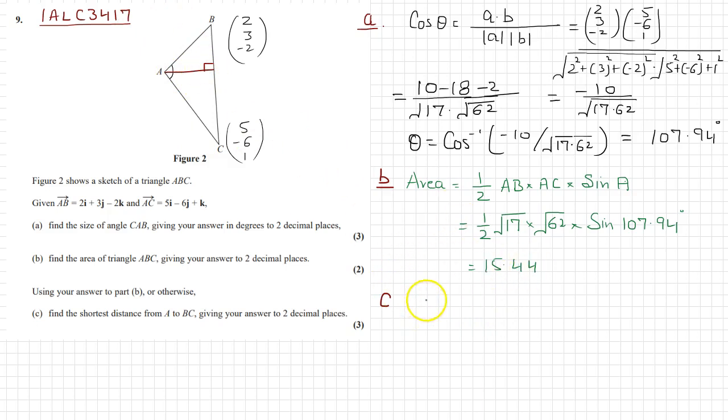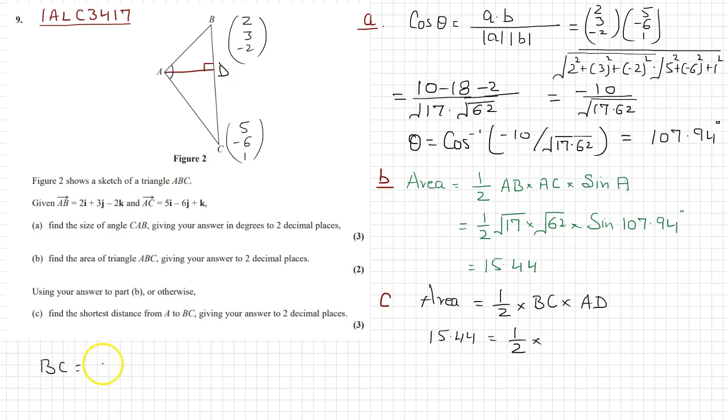So area is equal to half multiply BC multiply, let's say it's AD. So area, we already know that this is 15.44, is equal to half multiply BC. So we can calculate BC here.